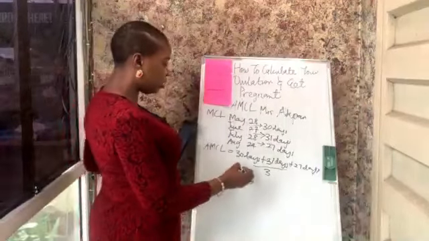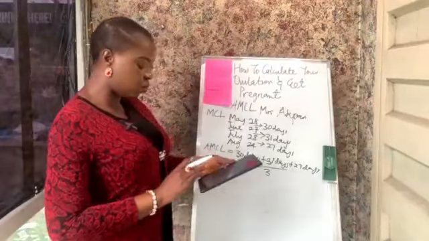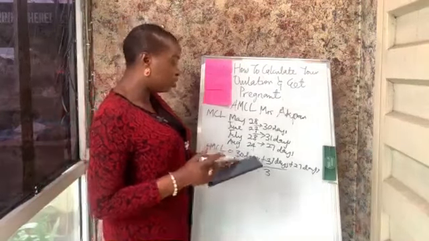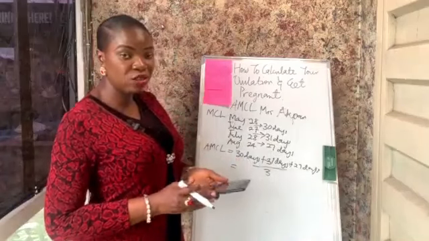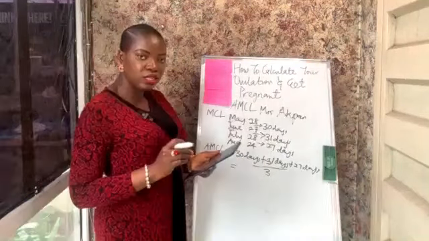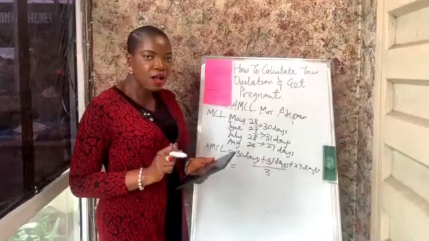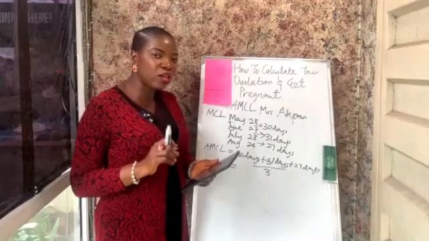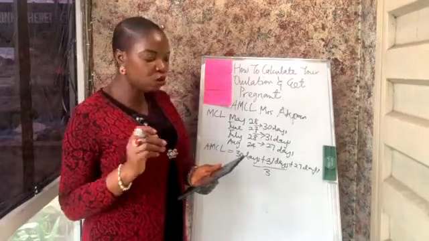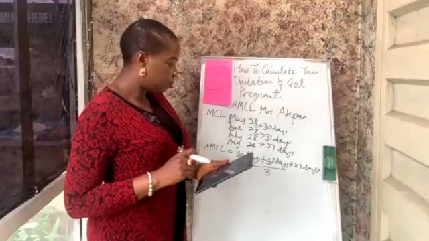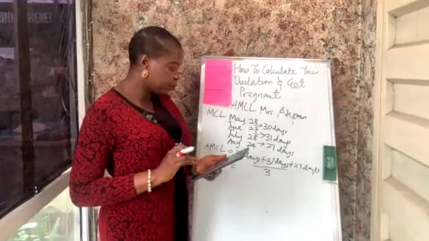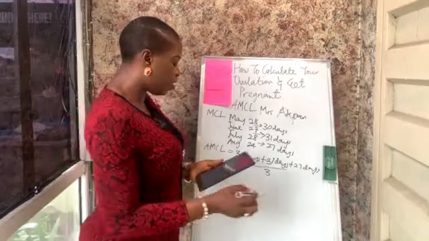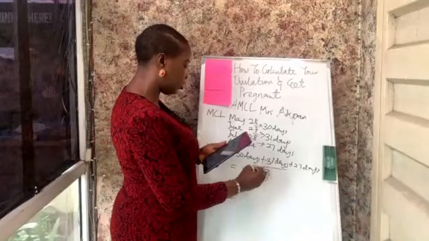So what will this give us? Like I said, go to your calculator. I know you can just do 30 plus 31, but use your calculator so that you are double sure that you get the right answer. Because if you miss the correct answer, it simply means that you are going to miss your ovulation day, and you don't want to miss that. So we have 30 plus 31 plus 27, and this will give us 88 days.